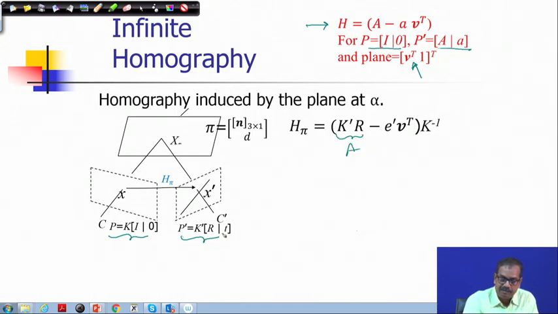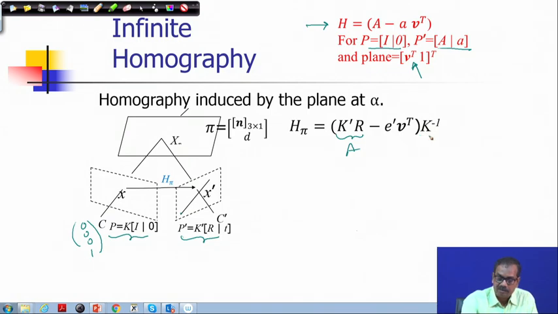and E prime is the image of this coordinate, the camera center, which is at 0, the origin. If I take the image here, you will get the corresponding point, which is T. So, the epipole image is at T. This E prime will be K prime T, and let us see what K inverse is.